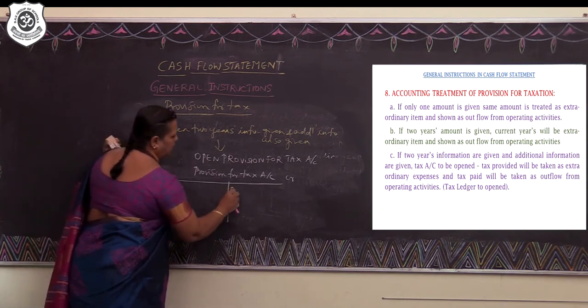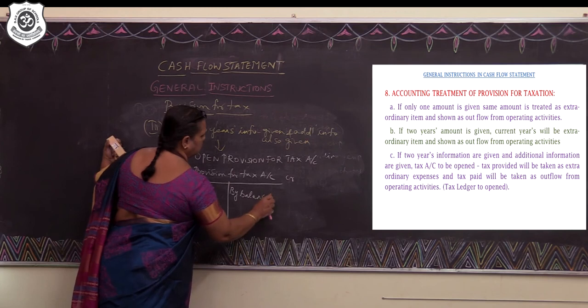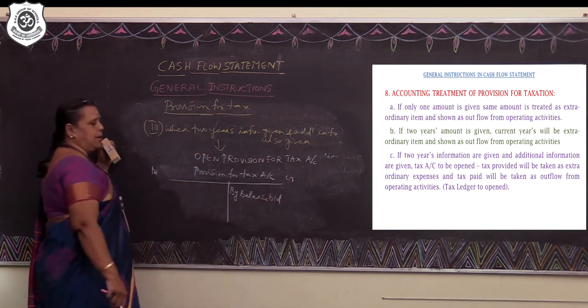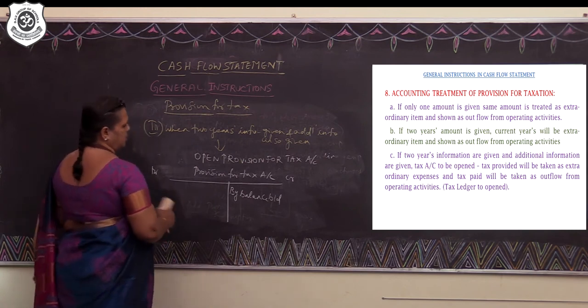You will start with Y balance brought down because it's a provision, it is a liability, therefore you have a credit balance, Y balance brought down.